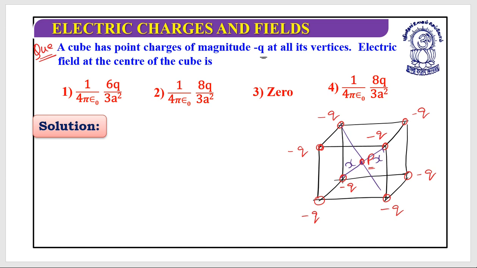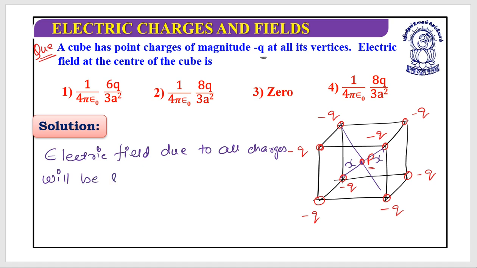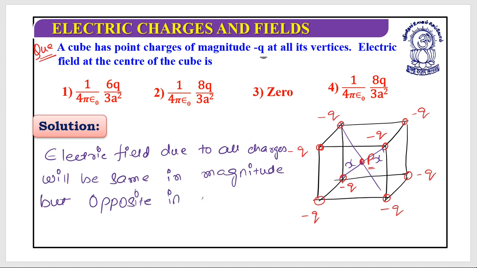So the electric field due to all charges will be the same in magnitude but opposite in direction.